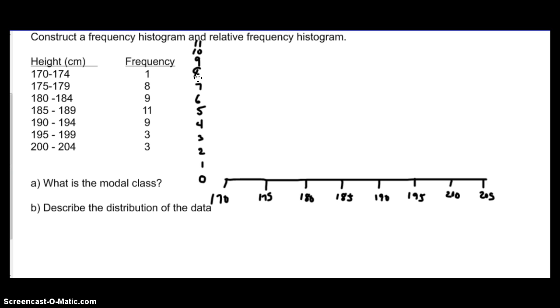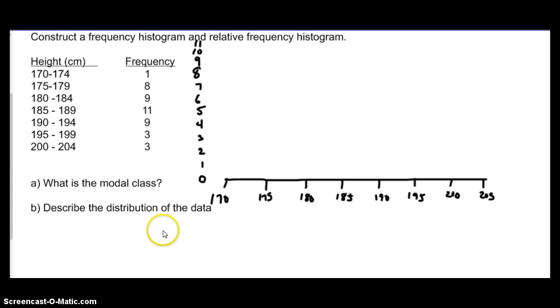Okay, now we're just going to draw a histogram, and in all of our columns there'll be no gaps. Remember, that's part of the definition. First we look at our range from 170 to 174. We have a frequency of 1, so that means there's one basketball player within that height.